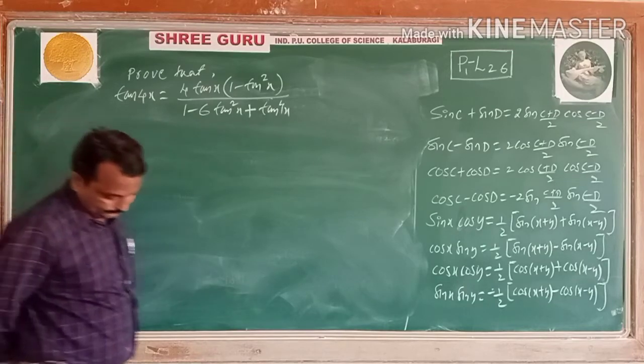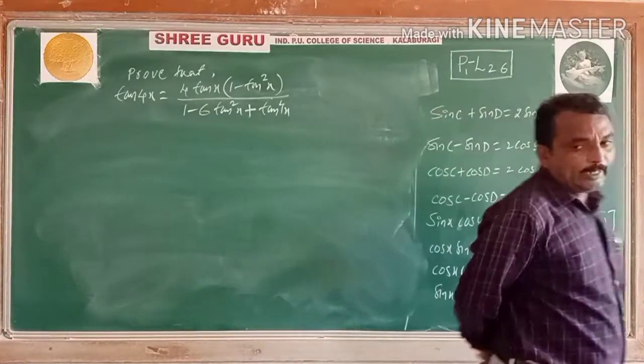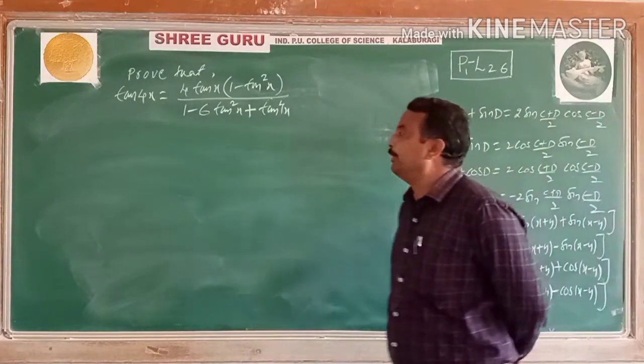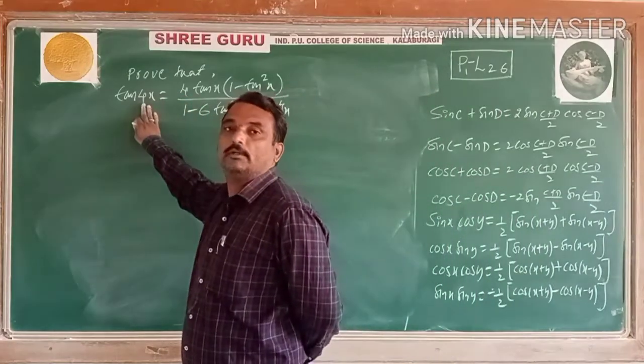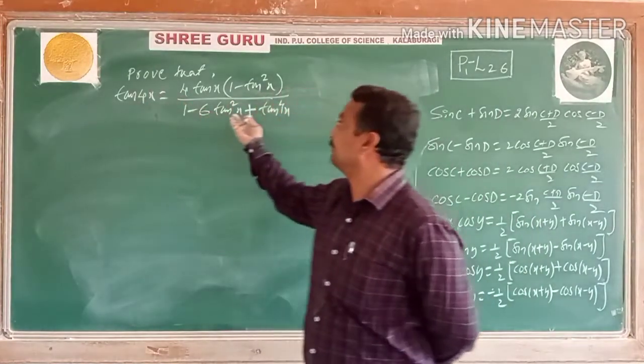Now see the students. You may calculate this in two ways. You may write it 2x plus 2x, writing that 2x formula, simplifying.